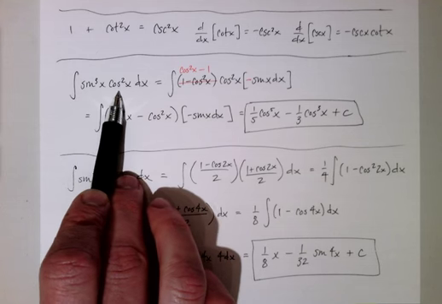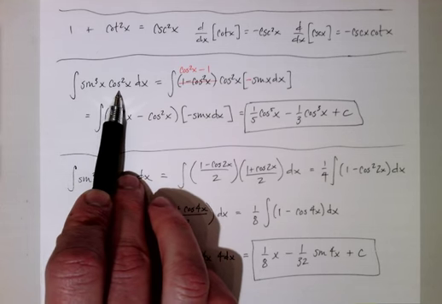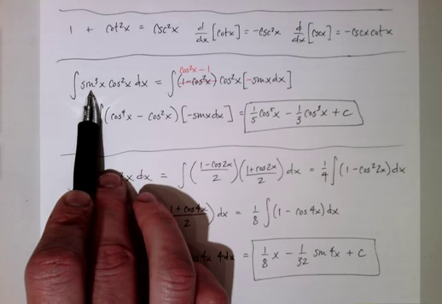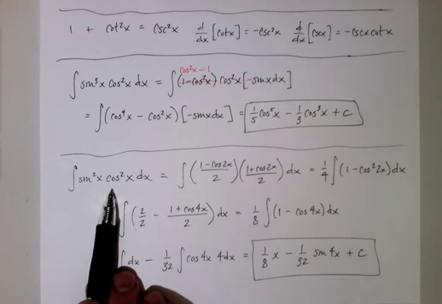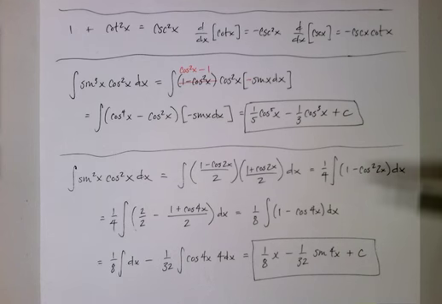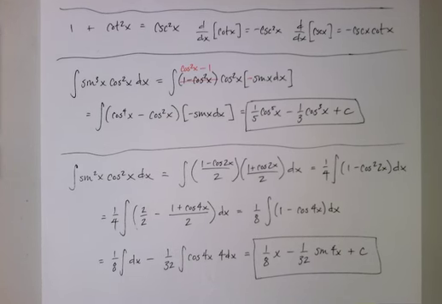So cosine is even, so cosine squared is going to be even. Sine is odd, so sine cubed is going to be odd. That's an odd function right there. And that right there, though, is an even function. And as a result, we're going to have very different ways in which those integrals actually work out.